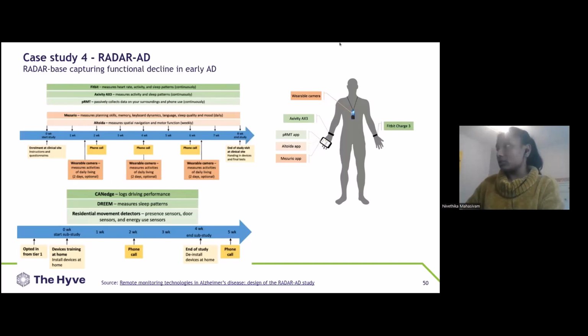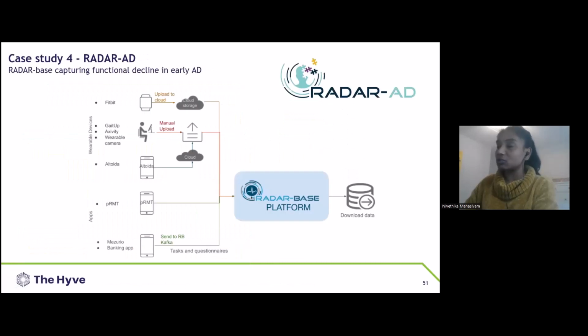So as you can see, of course, it's a lot of devices. So we also had to integrate with a lot of different devices to support the Reda AD study, and these data ingestions are also done differently. For example, the Misurio and banking app send data directly to Kafka using REST API.